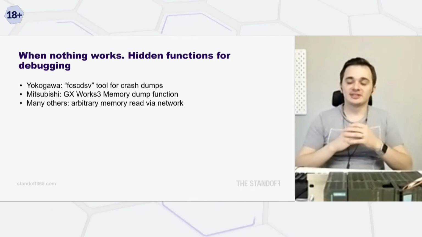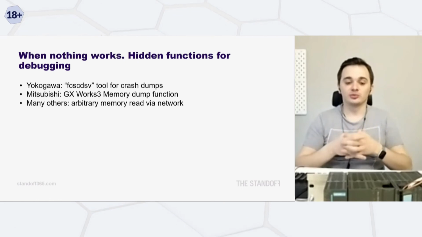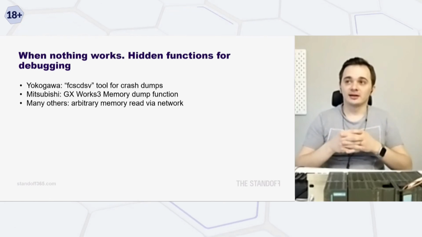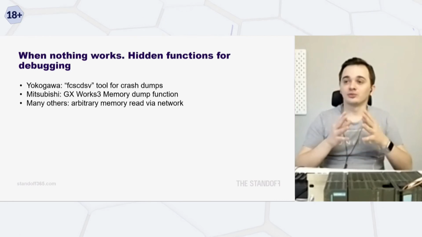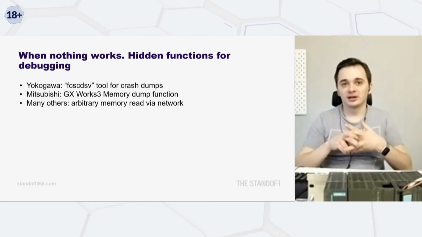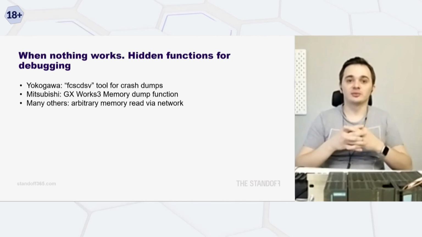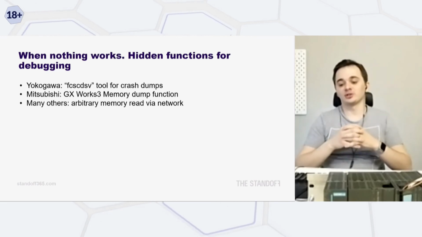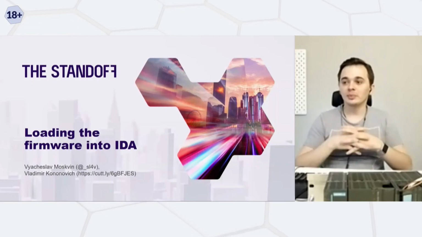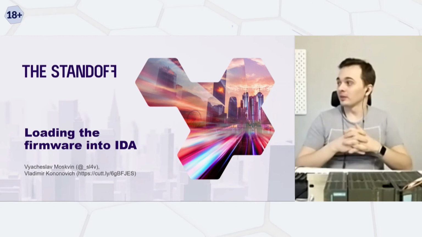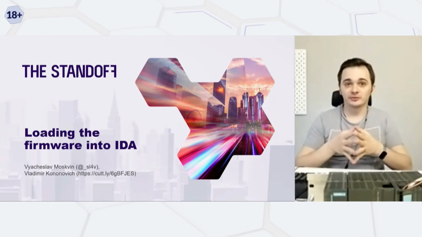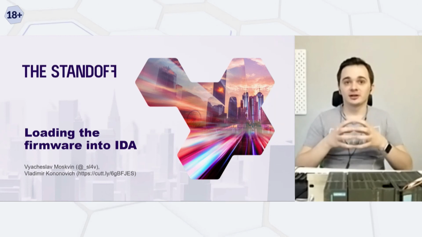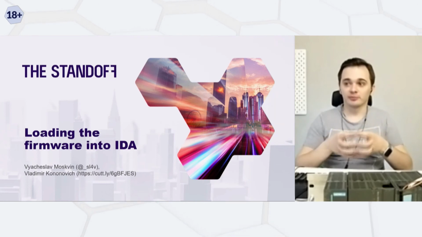A similar function exists in the development environment for Mitsubishi controllers, but this function is not always easy to find. And maybe, again, you will have to think hard about how best to approach this task. You'll have to rack your brains.